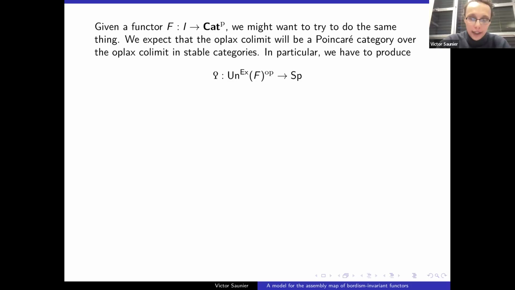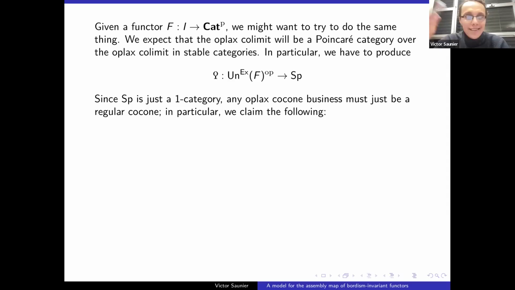Now, we could still try to do it, and it's going to work, but we have to somehow first enlarge what we mean by cat p. So I want to produce an oplax colimit. We expect that the underlying thing will just be the oplax colimit of the stable guy. So I just have to produce to you some functor kappa. And the category of SP is just a one category. Quadratic functor to SP is also a one category.